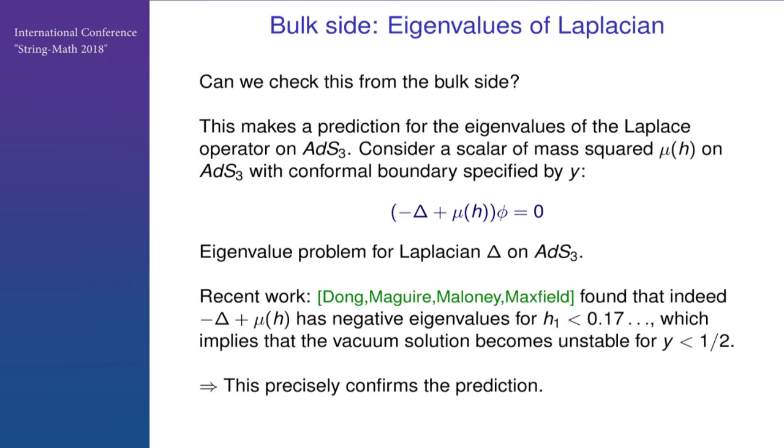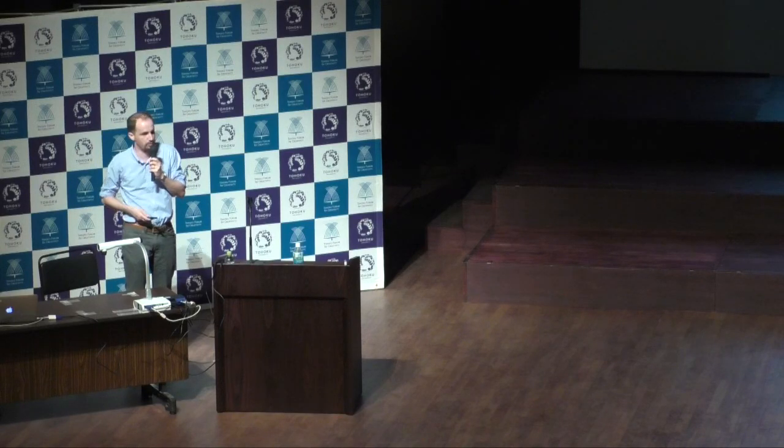And then what you want to do is check whether the vacuum is still stable under perturbations. And this basically boils down to computing eigenvalues of this operator here. If you find negative eigenvalues, then this suggests that if you perturb the vacuum a little bit by turning on this massive scalar field, then it will start rolling away to some other minimum, which indicates that there's a new phase.